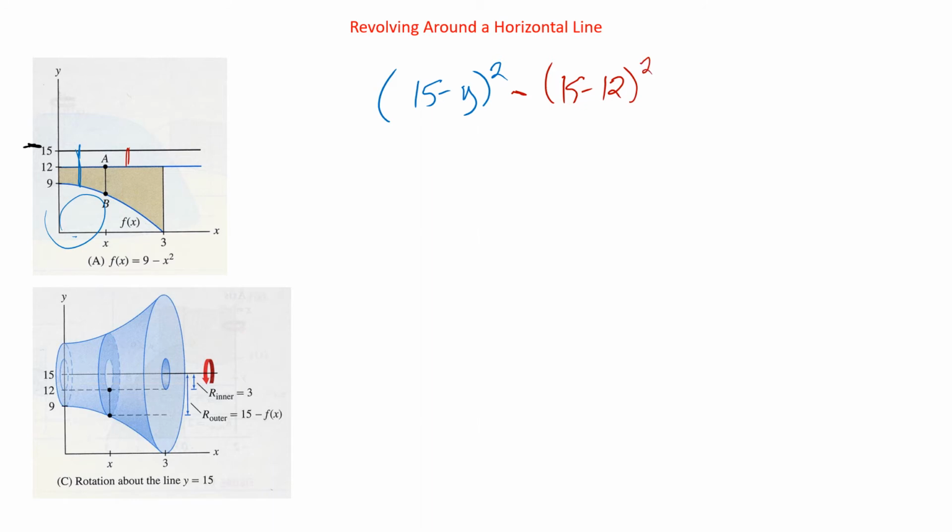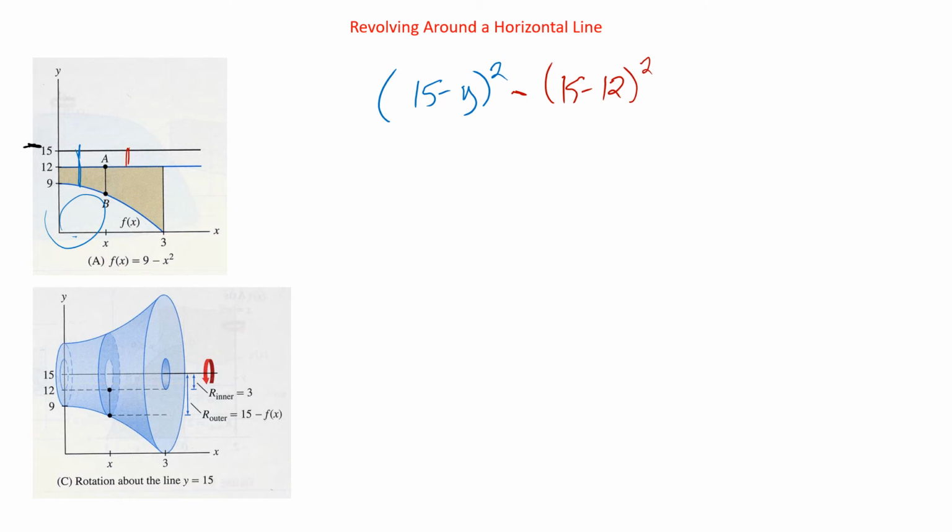It's not variable, it's just a constant. It could be variable. It could be 15 minus one y squared minus 15 minus another y squared. It's done the same, except this will be a little bit easier because one of our things will be a number.